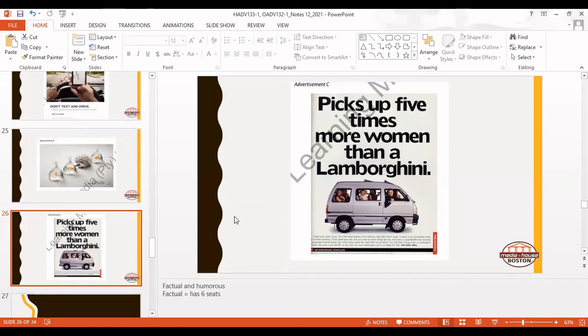Okay. Now let's look at that one. It says picks up 5 times more women than a Lamborghini. What do you think of this, Gugu?